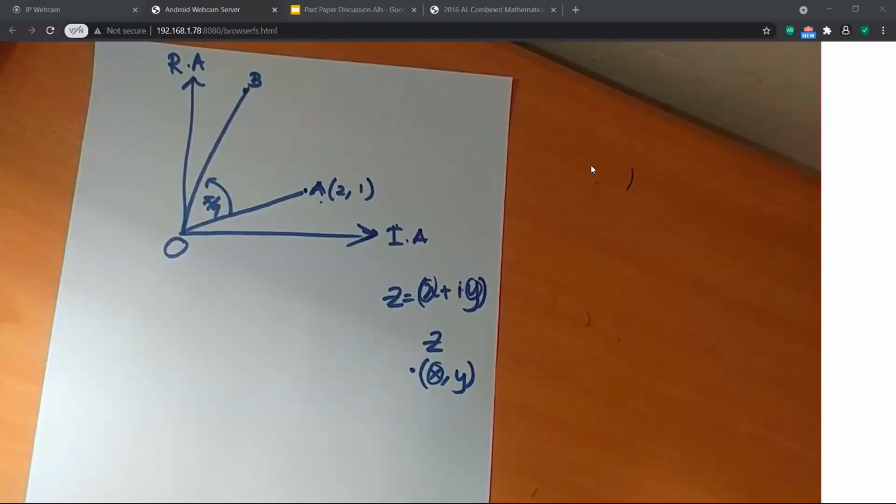Now, OB cos 45 is equal to OA. We can't directly say that, no? If OB cos 45 is equal to OA, that means OAB should be a right angled triangle. Only then will OB cos 45 become OA, right?